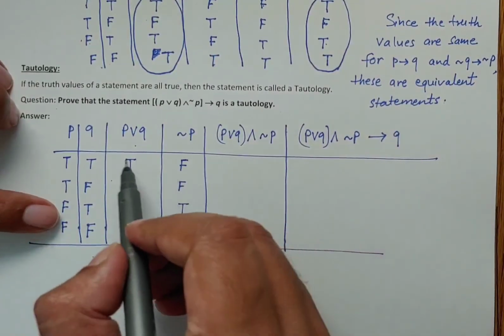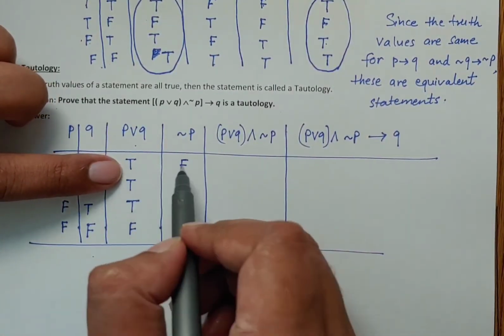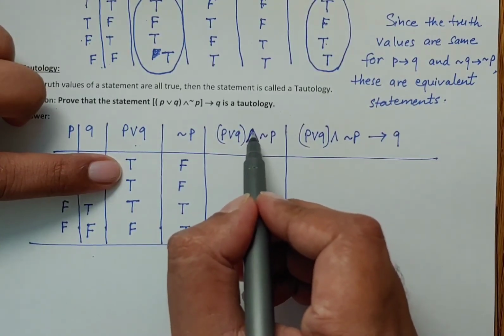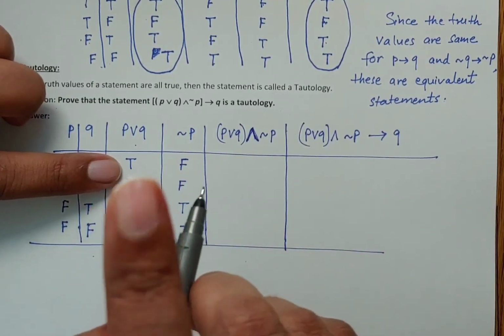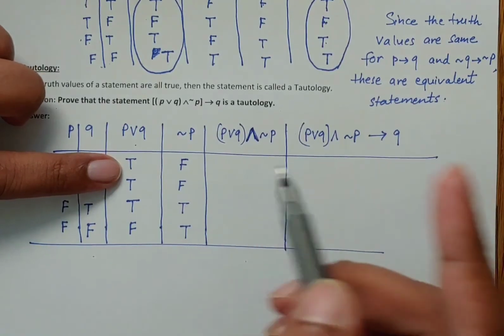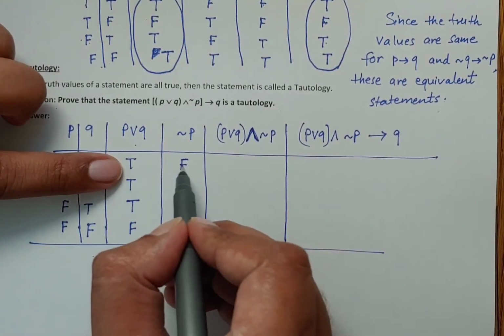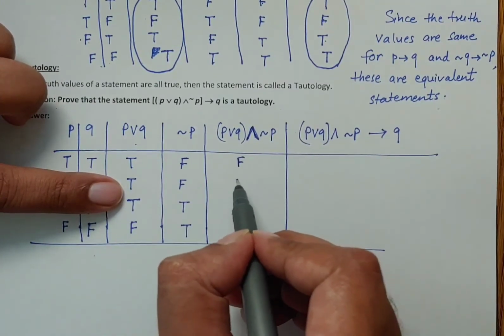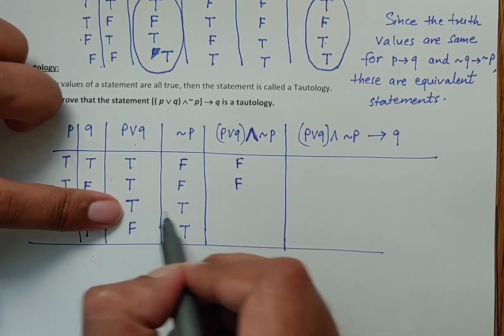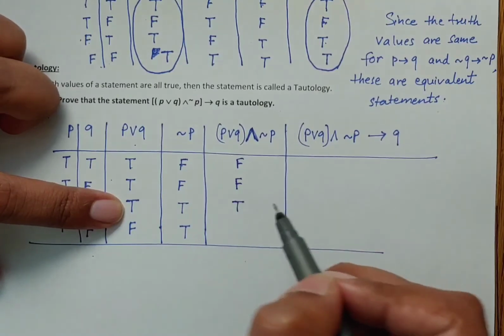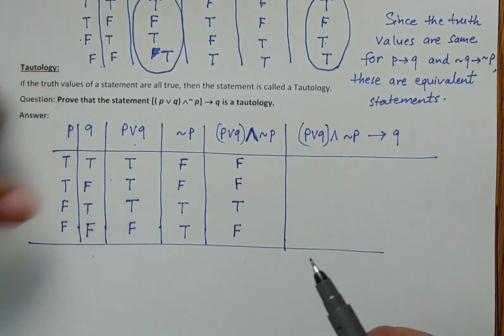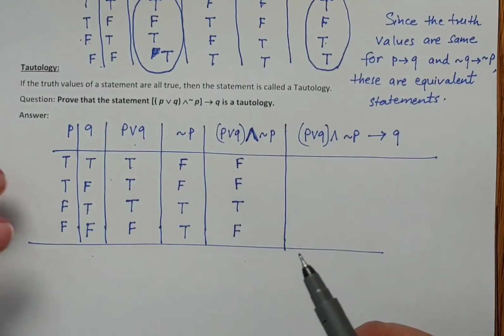Okay, now this and this, and for AND, it has to be both true, right? So true and false is false, true and false is false, true and true is true, false and true is false, right? So we get this thing.